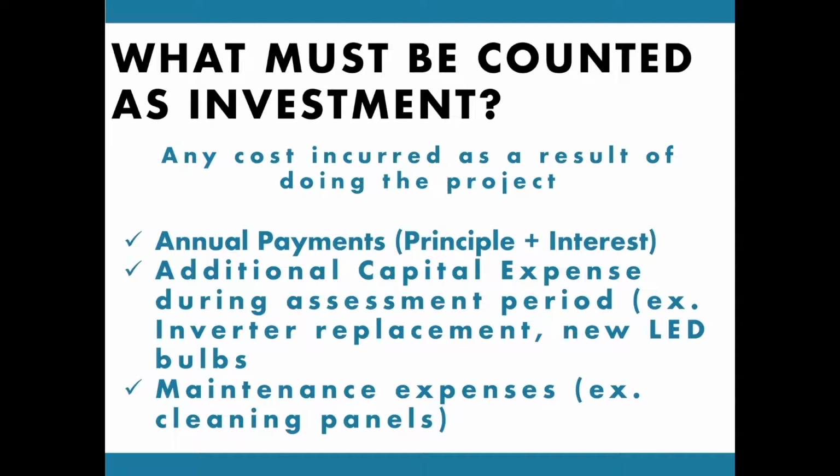Beyond that, if there's any additional capital expense due to the project, that should also be counted as investment. For example, with a solar project, if there needs to be an inverter replacement after 15 years or so, that should be accounted for. For an LED project, if the bulbs will need to be replaced at some point during the life of the project, that will need to be accounted for. Finally, you also need to account for any maintenance expenses. The ones we see most commonly are some type of cleaning expense, for example, for solar panels.